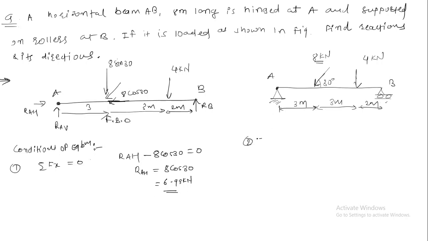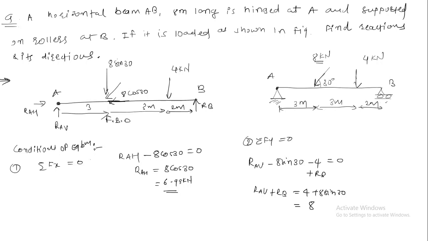Second equilibrium equation is summation of Fy is equal to 0. What forces are there in the Y direction? First is RA vertical minus 8 sin 30 minus 4 plus RB is equal to 0. So RA vertical plus RB is equal to 4 plus 8 sin 30. 8 sin 30 is half into 8, which is 4, plus 4 is 8.